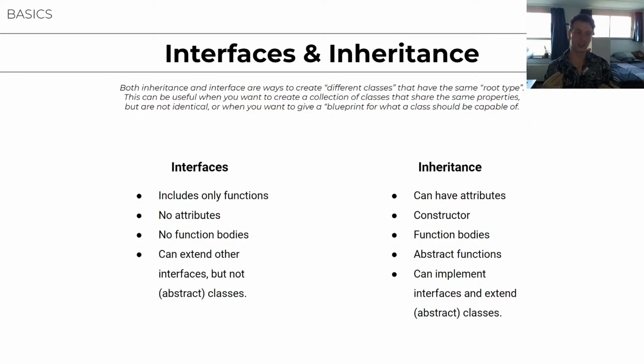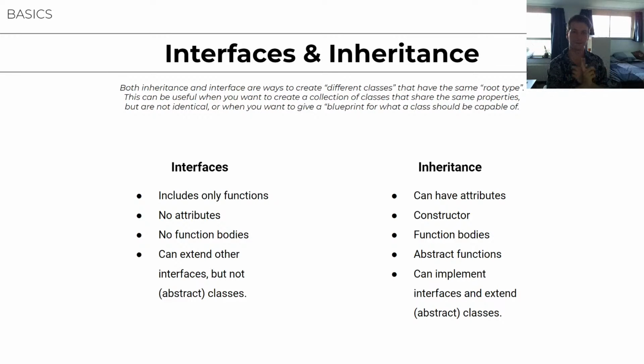So that's essentially a way to use interfaces and inheritance. You make an interface or an abstract class that will be person, and then you make children of that for students and teachers. Now, what's the difference between interfaces and inheritance? Inheritance, the entire thing is called inheritance, but what I mean is essentially abstract classes and then extending something.